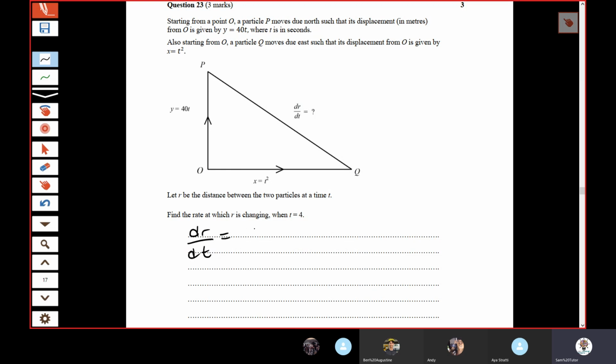No ideas at all. Well, I would at least say it's dr on something times something on dt. I would at least get that far. Then I'll be like, well, I don't know. Let's say if I did this one as dx.